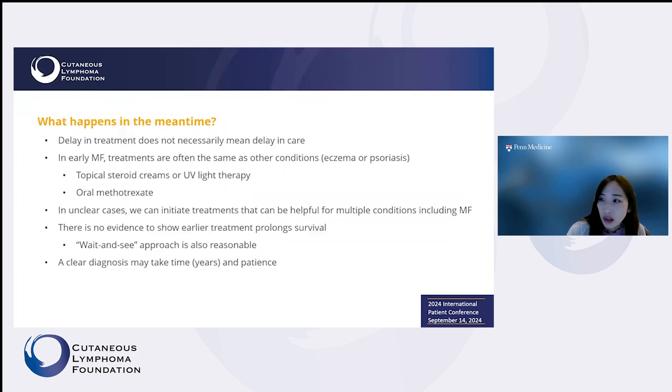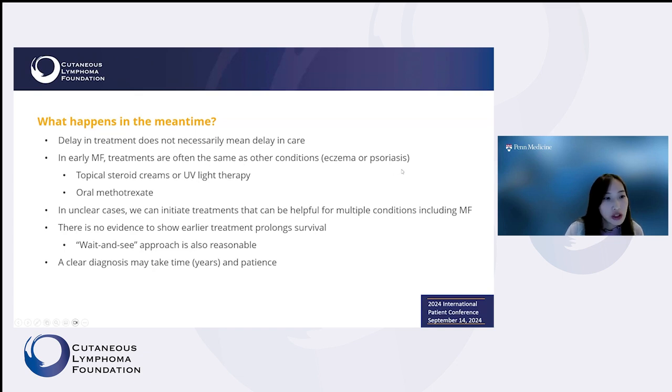So what happens in the meantime? Patients often ask, well, if I don't get diagnosed, then I'm not getting treatment. But that's not necessarily true. Delaying treatment does not necessarily mean delaying care. And the nice thing about early MF is that treatments are often the same as other conditions such as eczema or psoriasis.